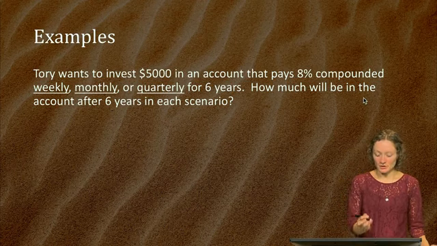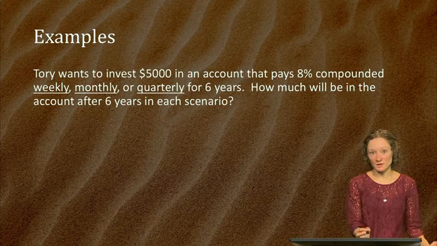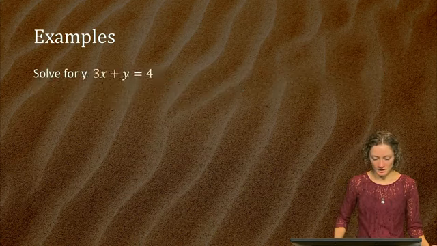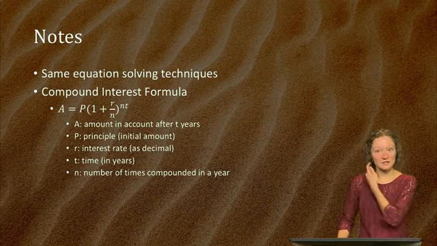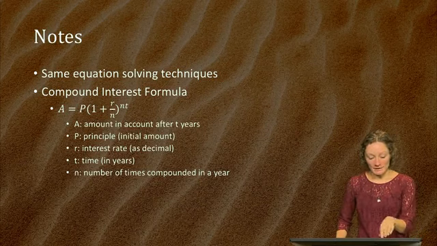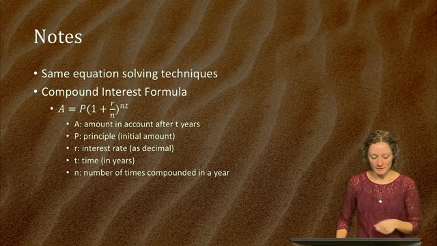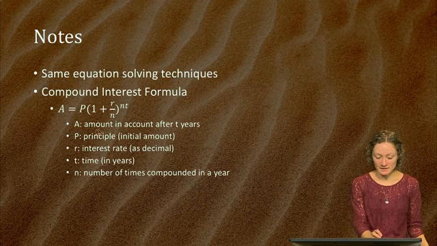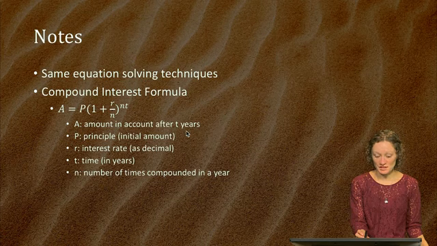So this problem wants us to use the interest formula. Let's refer back. This compound interest formula. So I'm going to copy the formula at the top of that slide. We have what each variable represents. A represents the amount in the account after t years. P represents the principal, meaning the initial amount.